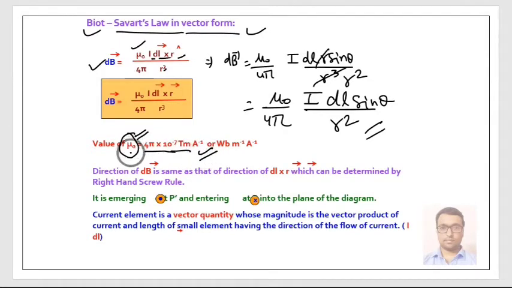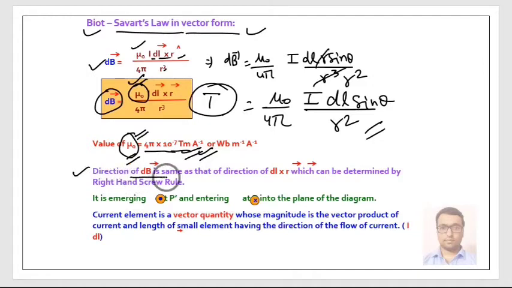This is the unit of mu naught, because the unit of magnetic field is called Tesla, or in short form we write it only T. So from here you can calculate the unit of mu naught also.